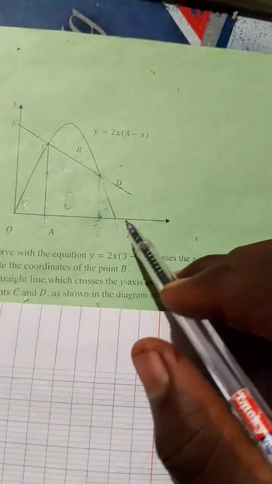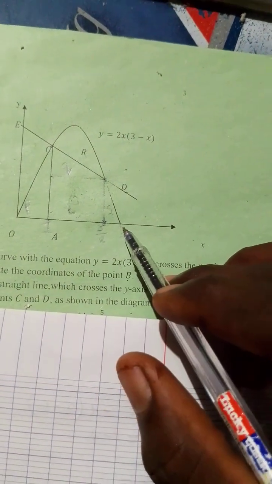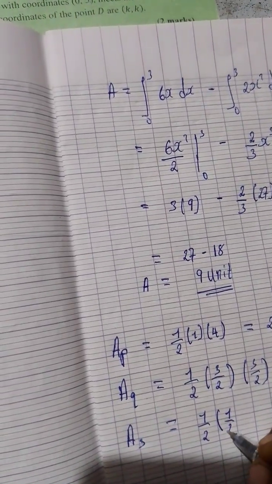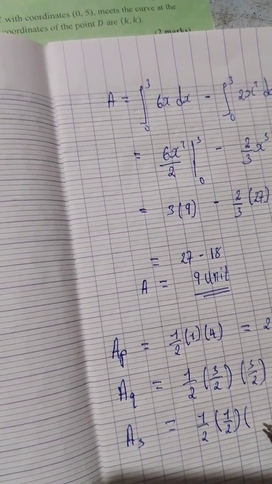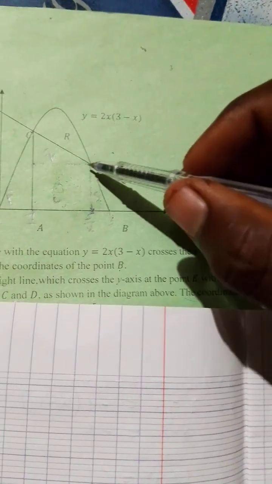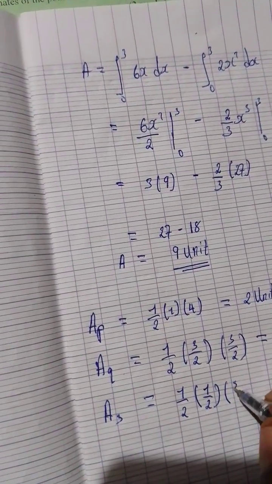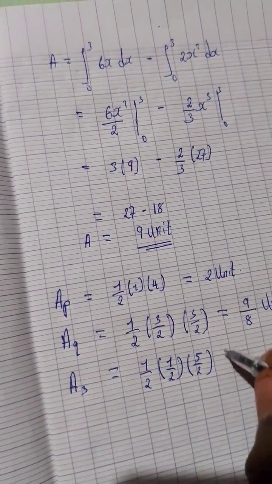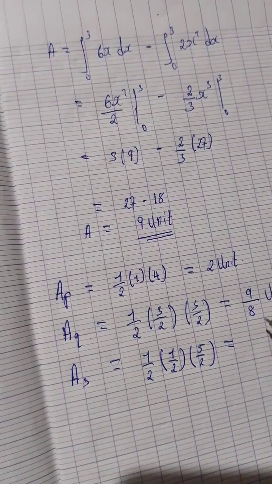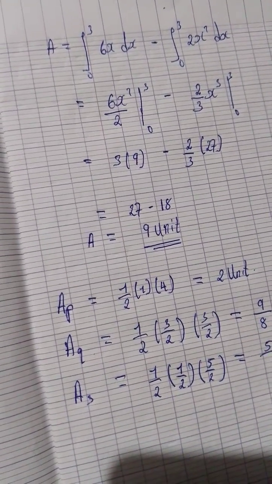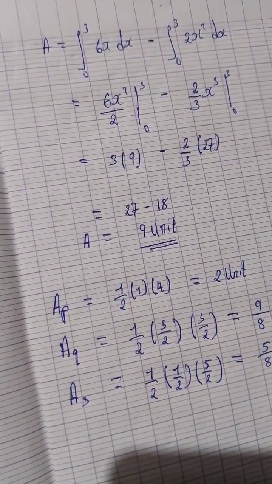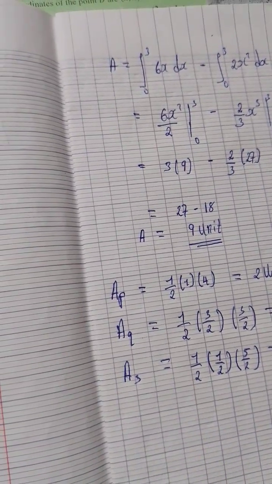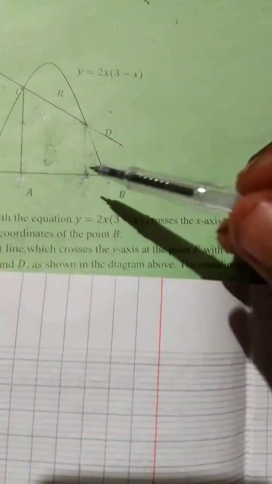Now here is 3 and here is 5 on 2. 3 minus 5 on 2, that's half times height. And the height from here to here is 5 on 2. Half times 1 half times 5 on 2, which is equal to 5 on 8 units.